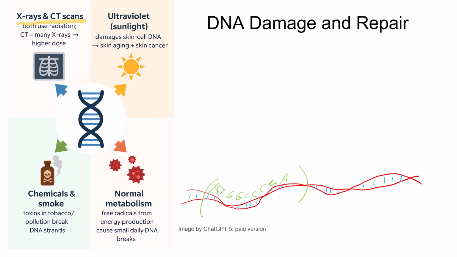So maybe you have seen where someone will go to the doctor and they will take a special picture of their bones, where they shoot X-rays through the body and then you can see their bones. Now, when X-rays hit DNA, they can break it. They can break the DNA in half.